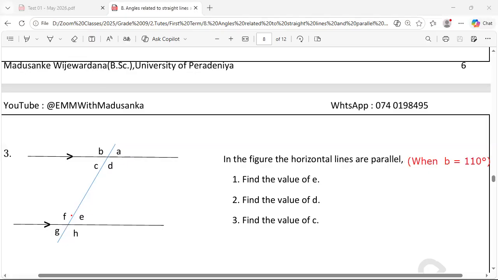Second question or third question, and the fourth also the same. I will give you a value.